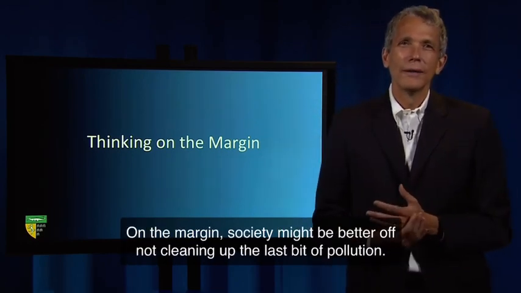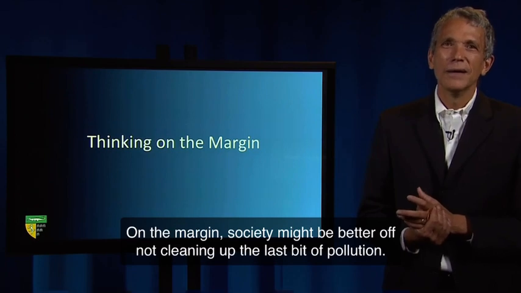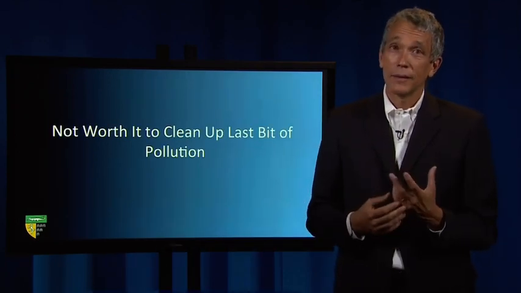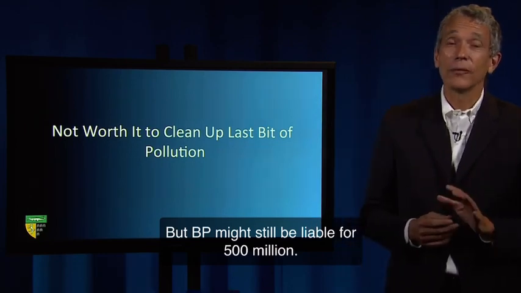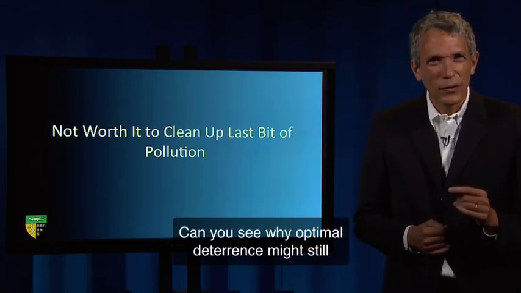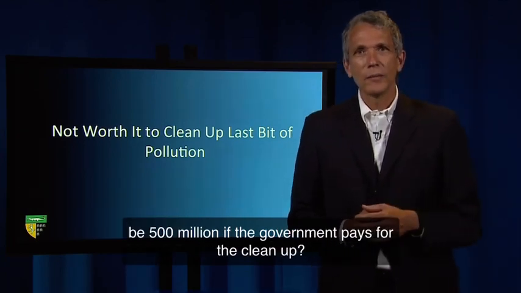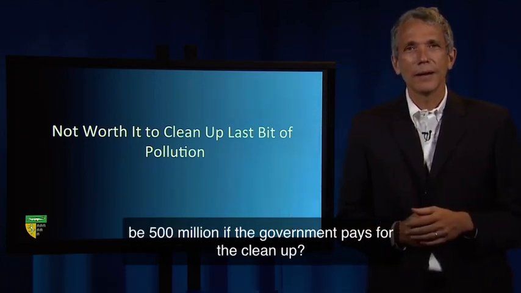On the margin, society might be better off not cleaning up the last bit of pollution. But BP might still be liable for $500 million. Can you see why optimal deterrence might still be $500 million if the government pays for the cleanup?